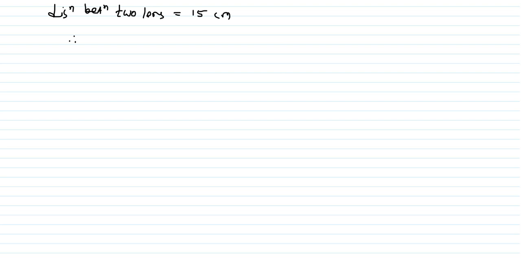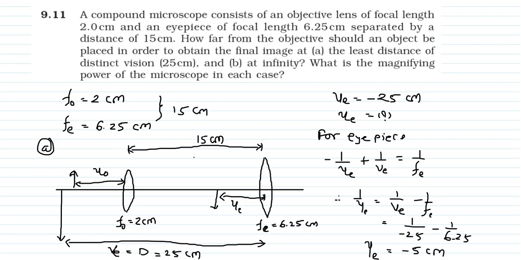Therefore VO, that is for objective, it is 15 minus UE, that is 15 minus 5, that is what, 10 centimeter. Okay. Now for objective lens, that means UE is equal to -5. देखो यहाँ पर UE ये हुआ 5 सेंटीमीटर, तो ऑब्वियस ये क्या हो जाएगा, so you can say it is 10 centimeter. It is like this. Minus sign, negative sign indicate that it is opposite to incident ray. Okay, so it is like this.